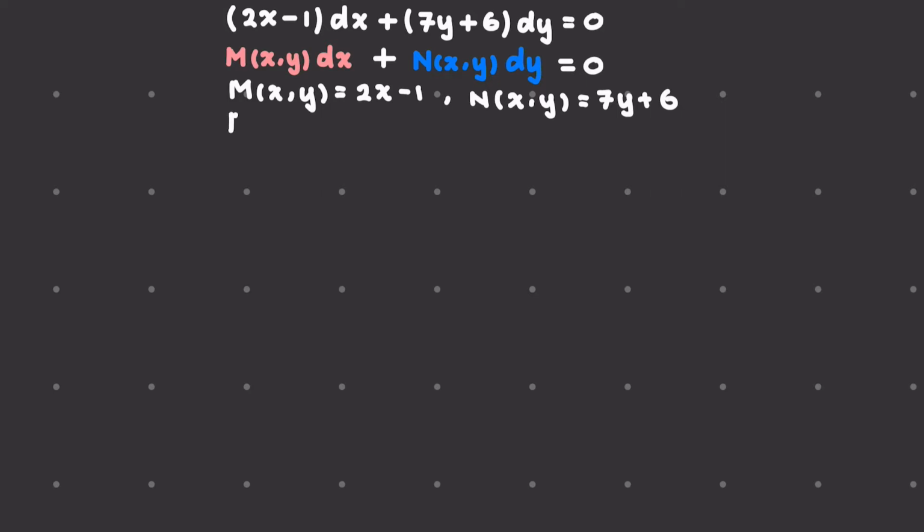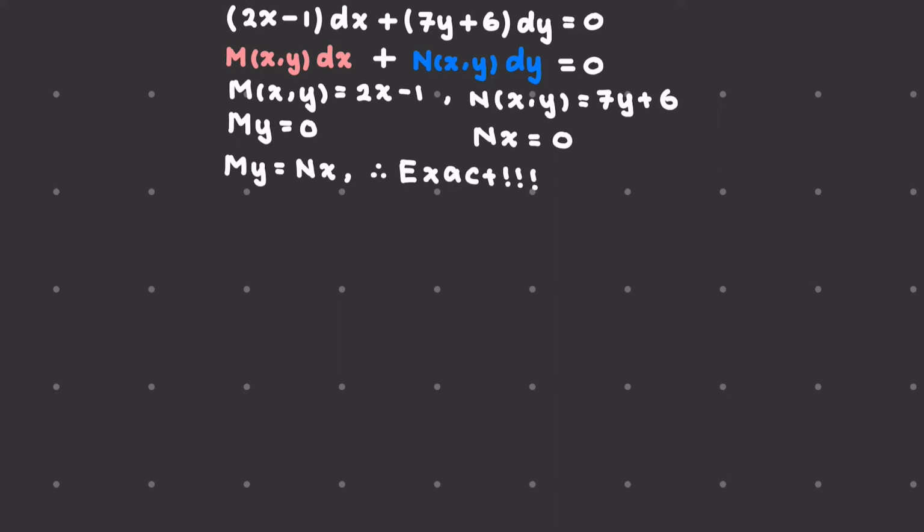Let's take the partial derivative of M with respect to y, which gives us 0. And let's take the partial derivative of N with respect to x, and this will also give us 0. Then we can draw our first conclusion, which is My equals Nx. And therefore, this is an exact differential equation, and so we can solve it.